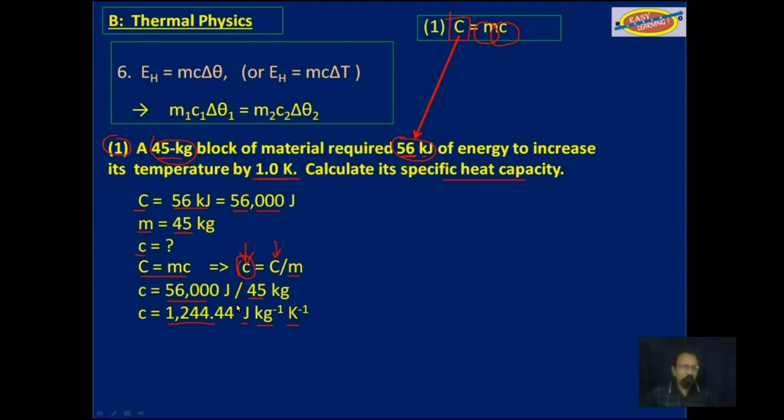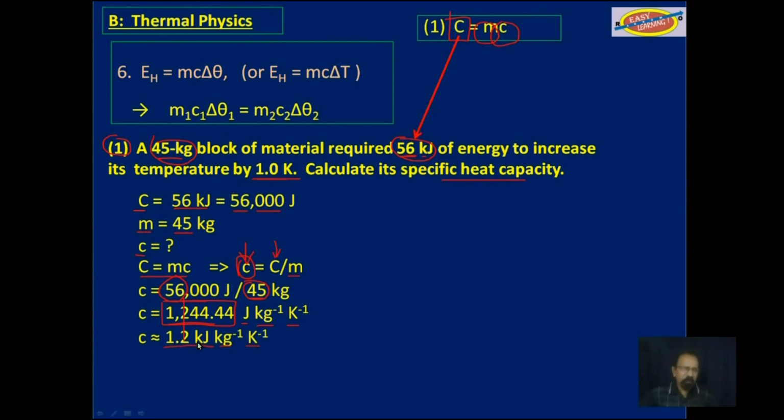Now, we know that we cannot leave this with so many significant figures. So let's see, we have two significant figures here, and we have two here. So our answer can only have two significant figures. So we will have to round off at that position. And therefore, we get 1.2 kilojoules per kilogram per degree Kelvin.